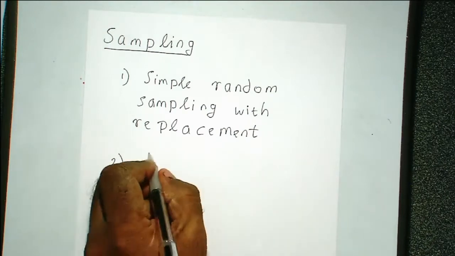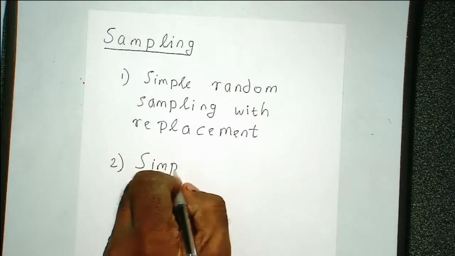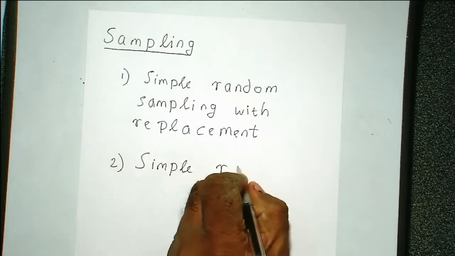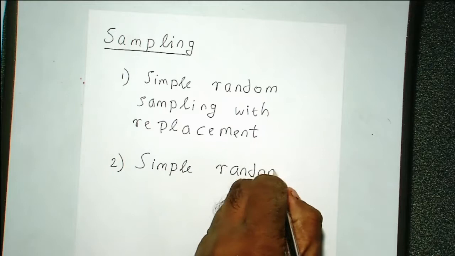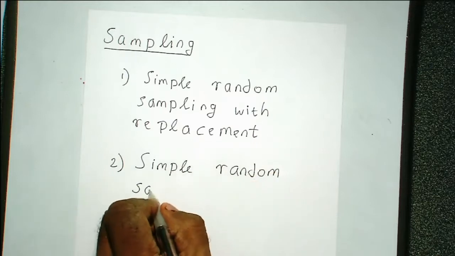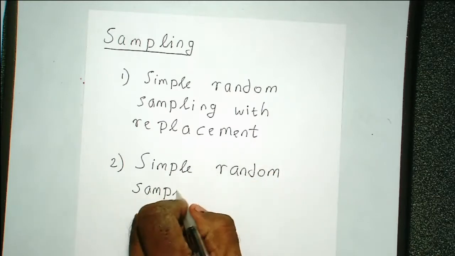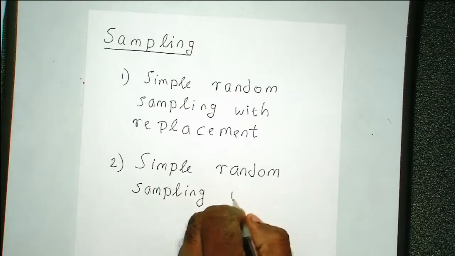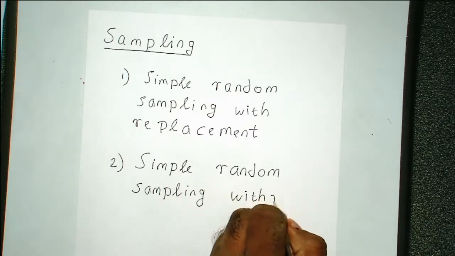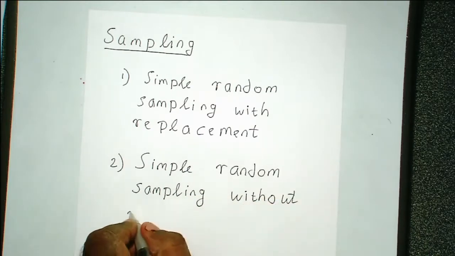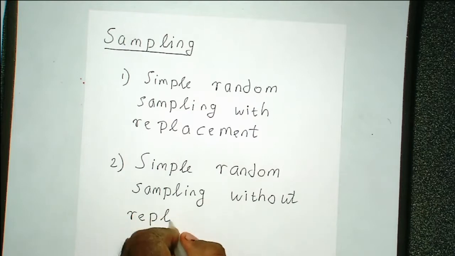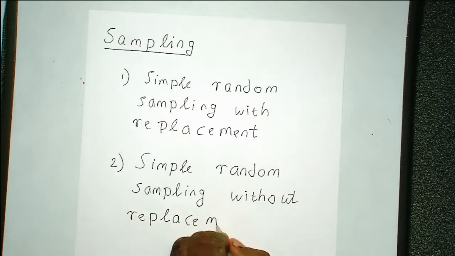Number two is simple random sampling without replacement. So these are the two most common ways of sampling.